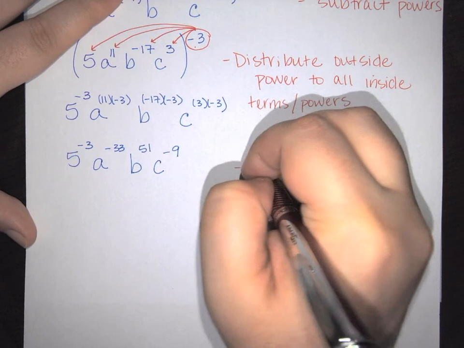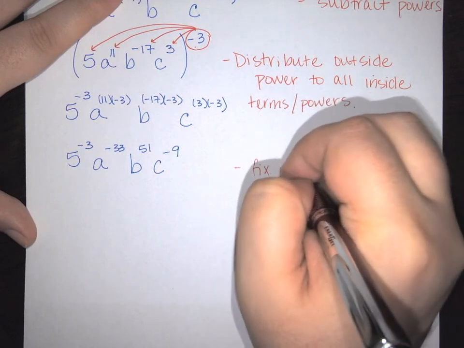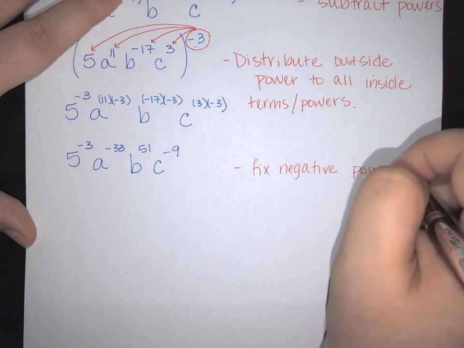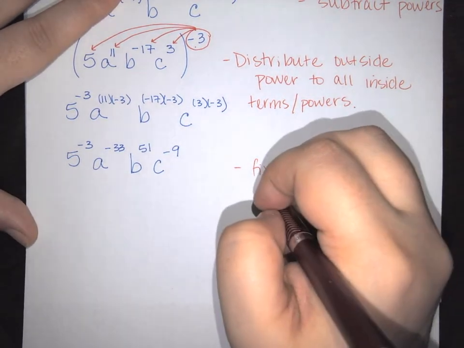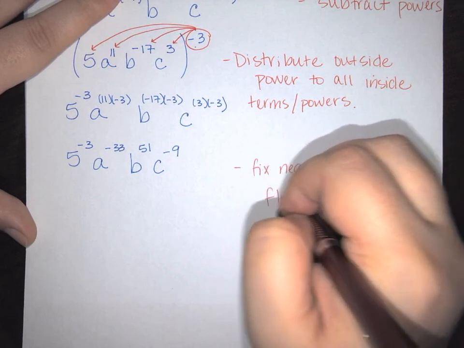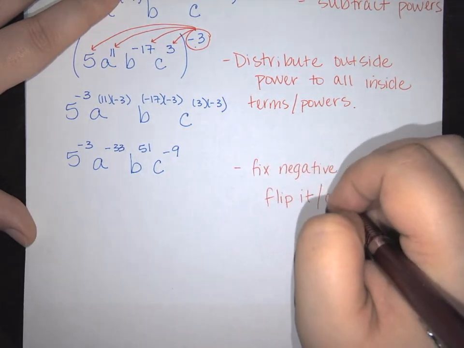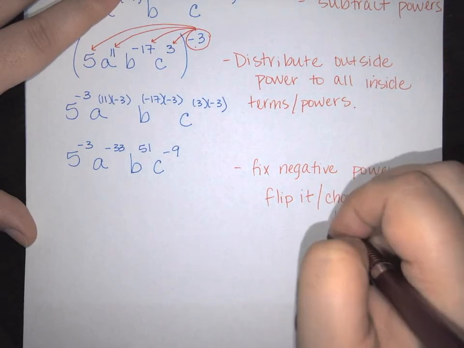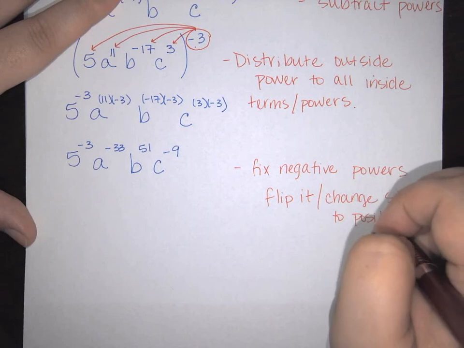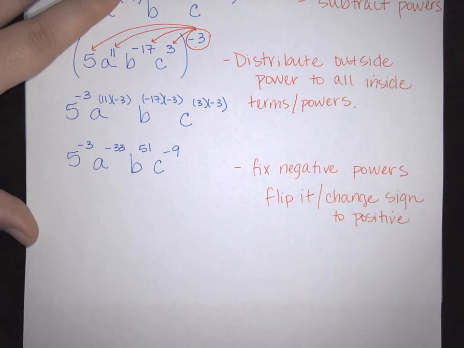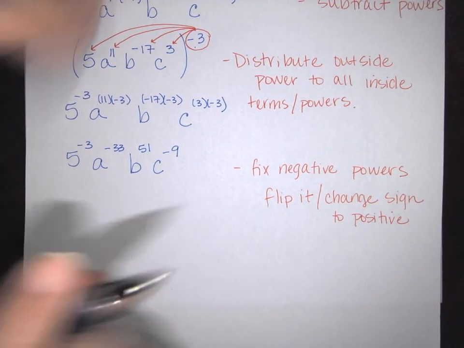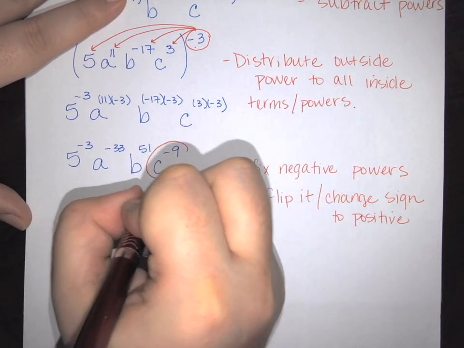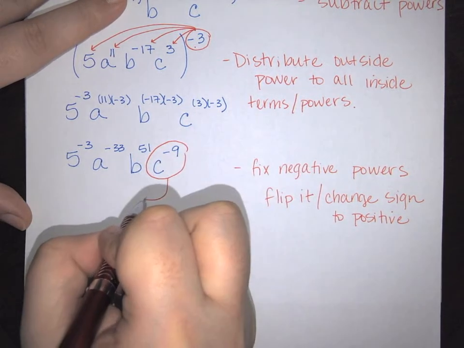The last thing we have to do is fix the negative powers. Remember, that means we are going to flip it, and then we're going to change the sign to positive. So here this means that we're going to look at c to the negative 9, which is going to shift down.